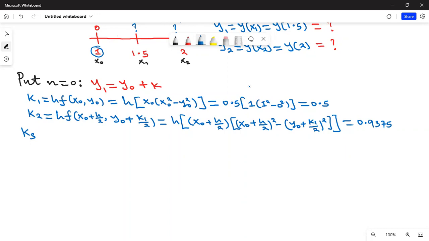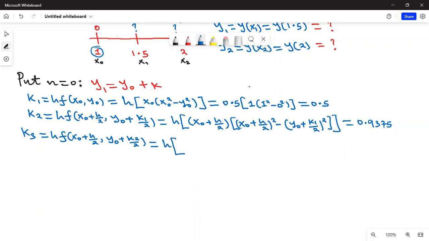Let's compute K3. So K3 should give us h f of x naught plus h over 2, comma, y naught plus k2 over 2. And this is h. Our f of x, y is x into x squared minus y squared. So where there is x, you put x naught plus h over 2. Where there is y, you put y naught plus k2 over 2.